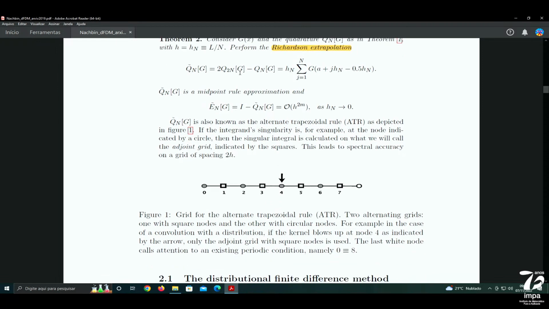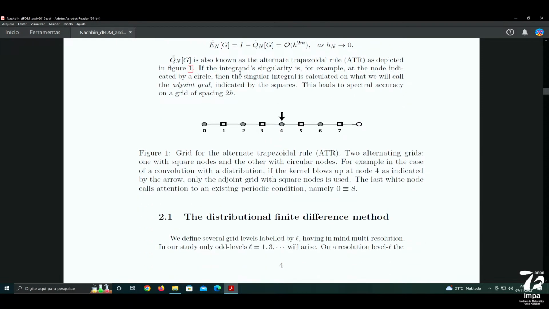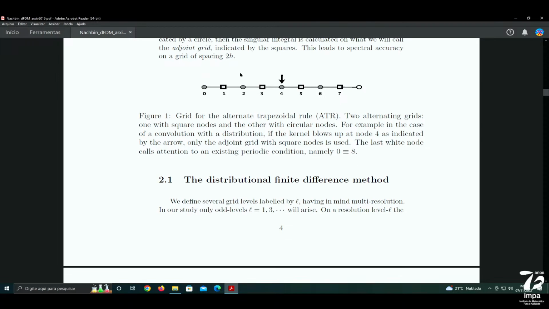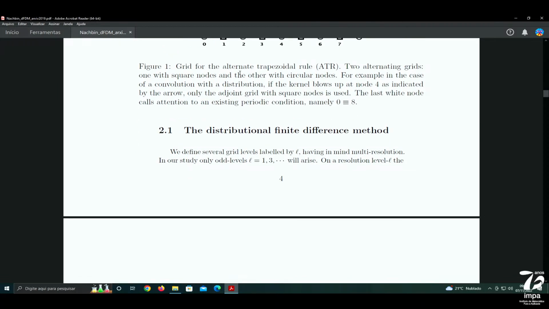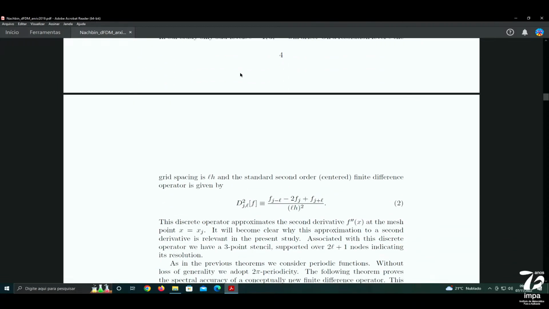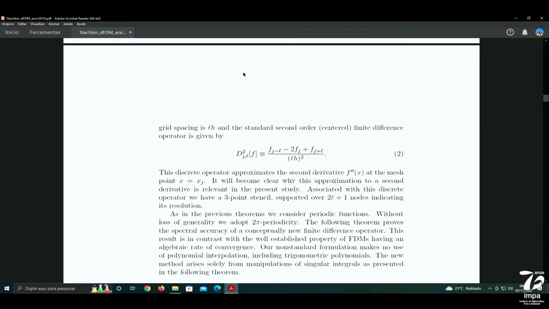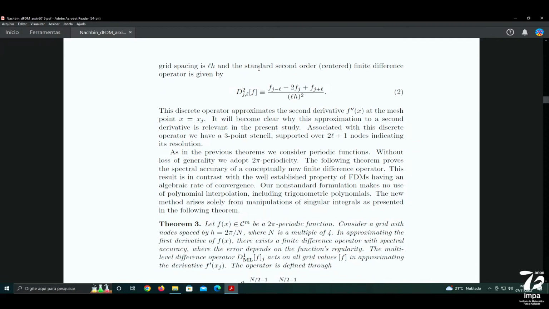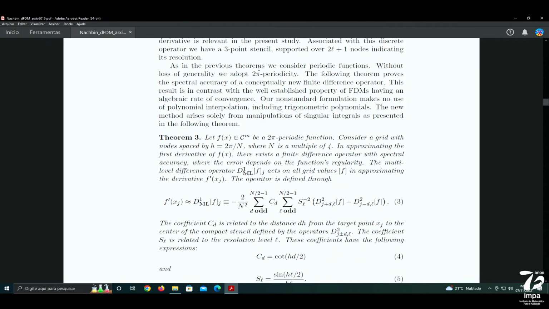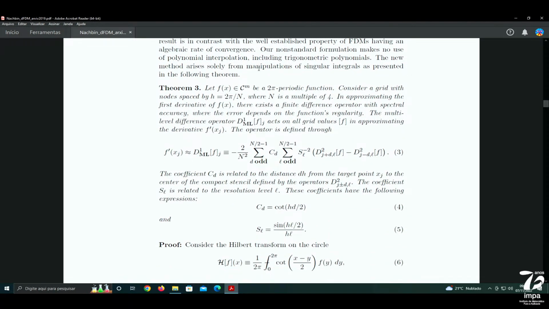Okay, so here's a graph for the alternate trapezoidal rule. And now I'm going to present what I call the distributional finite difference method. Okay, so here, maybe let me erase this part here so I stay close to the video.